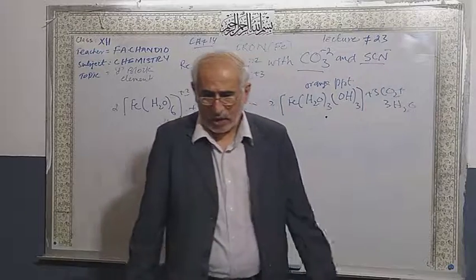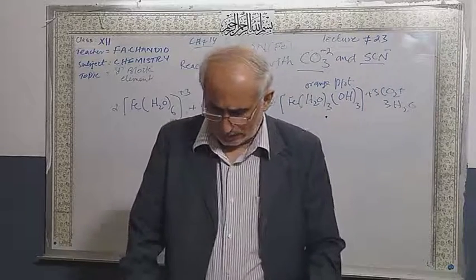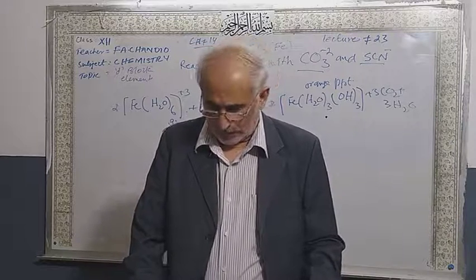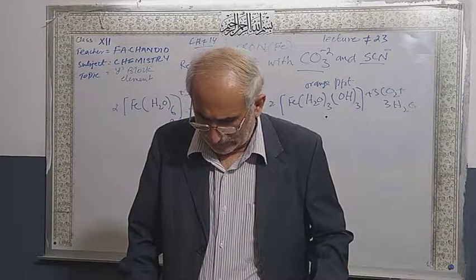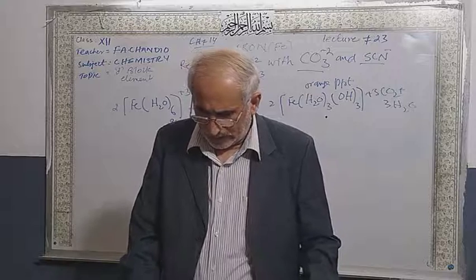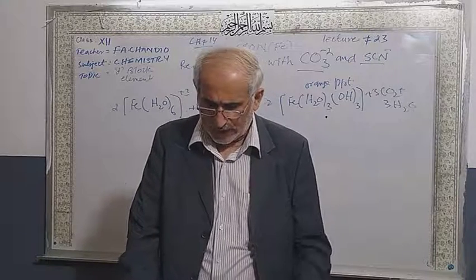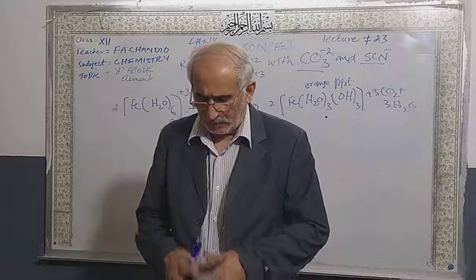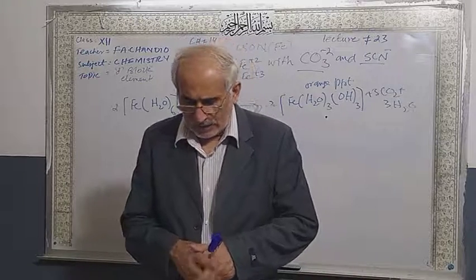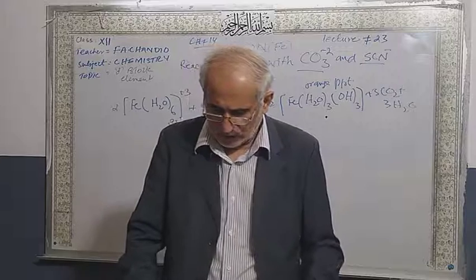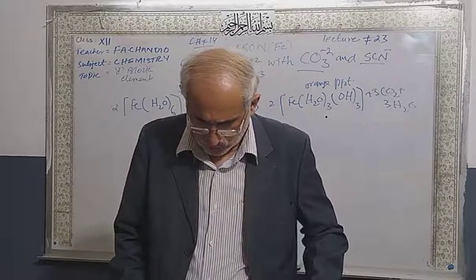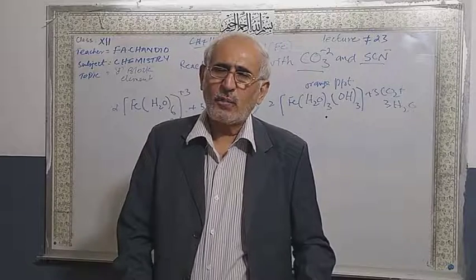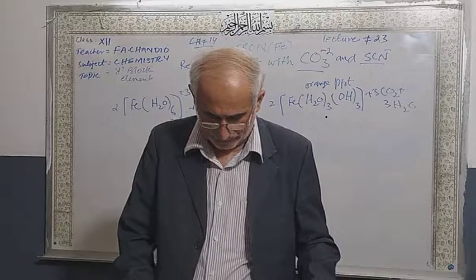You will get penta aqua thiocyano iron 2. This is the blood red color. You will get from yellow to blood red color here.